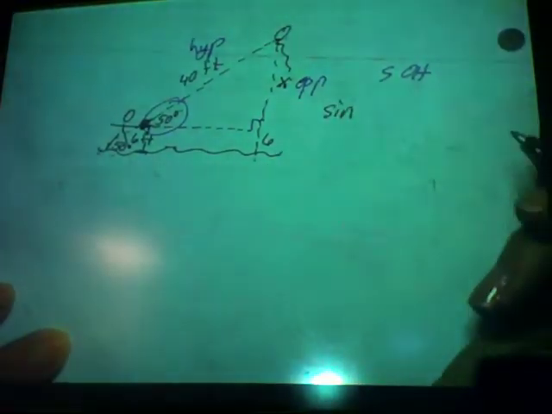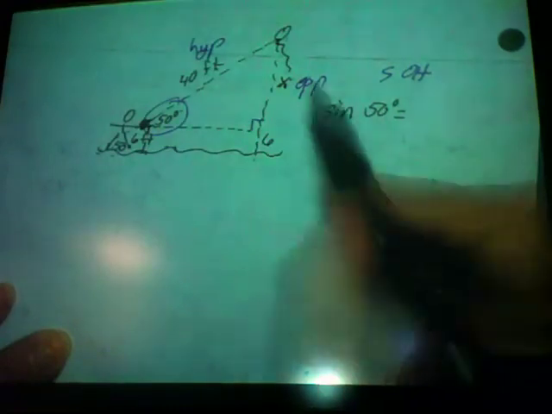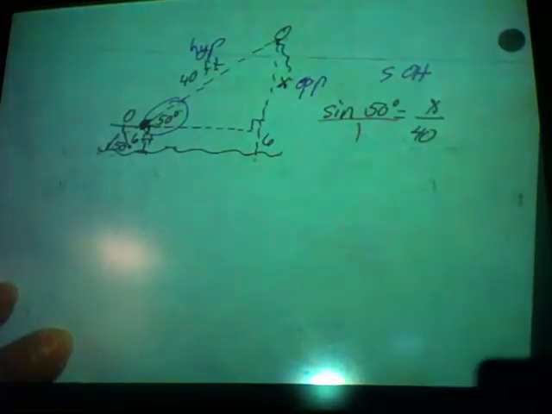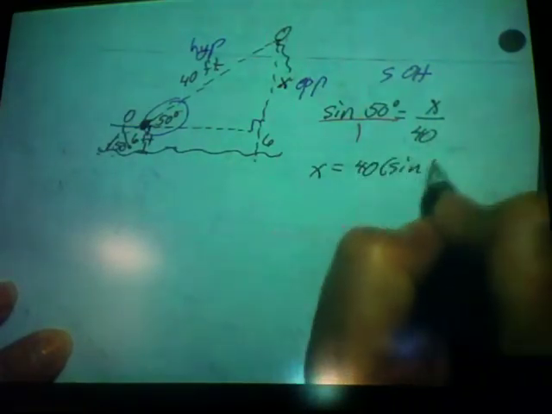Do I know my degrees? Yes or no? Sine of 50 degrees equals, and then opposite is x, hypotenuse is 40. So I know my degrees, so this is the proportion method of solving. I'm not going to use the inverse sine. I'm going to cross multiply and solve. So 1 times x is x equals 40 times the sine of 50 degrees.